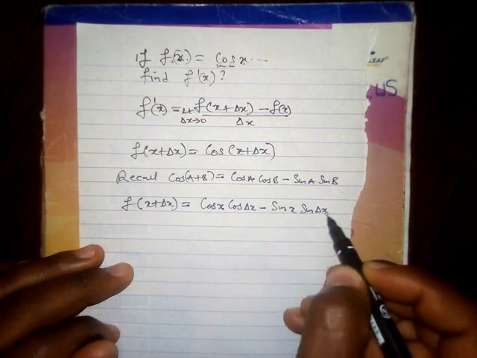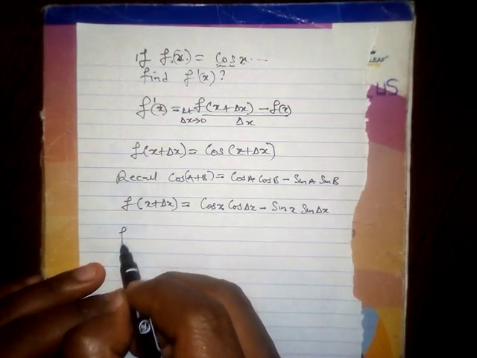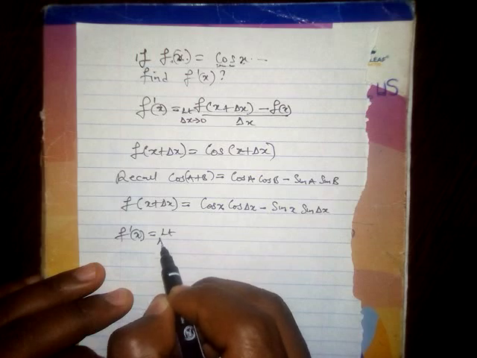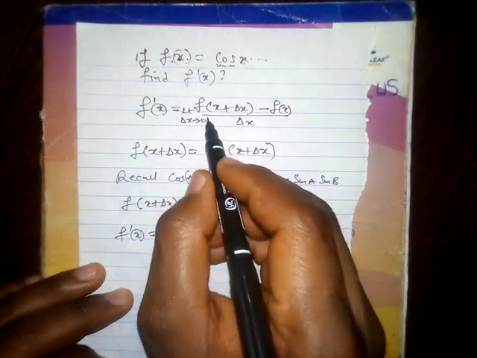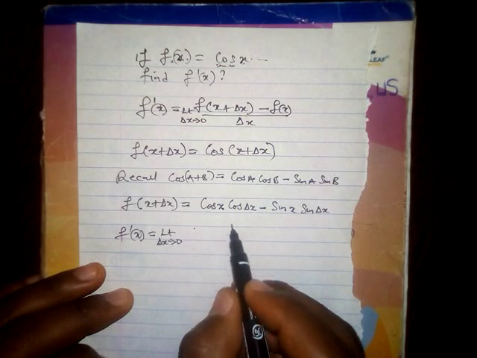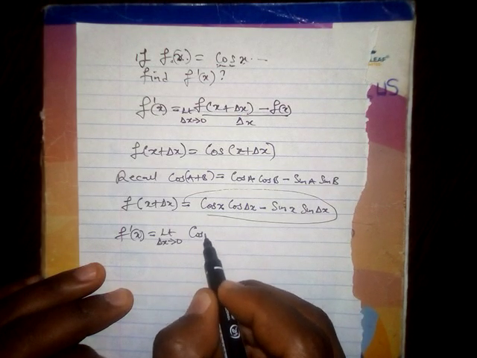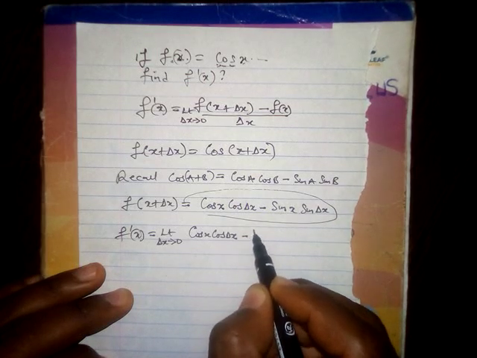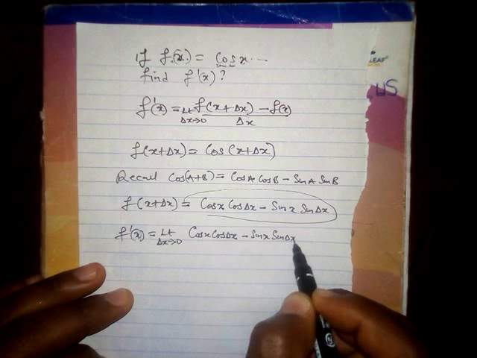So we have that our f prime of x is equal to the limit as change in x approaches 0. What is our f of x plus change in x? We write it out: cos x cos change in x minus sin x sin change in x.